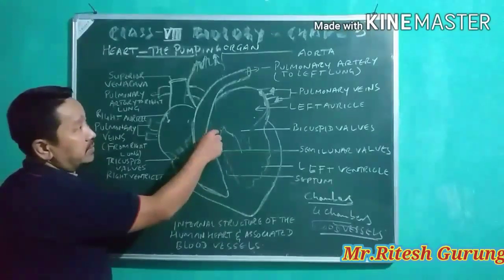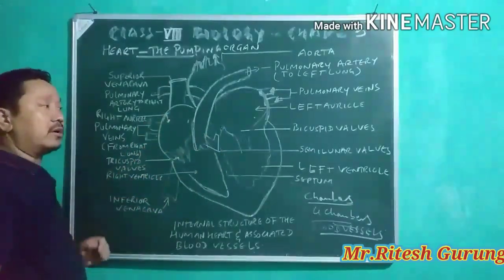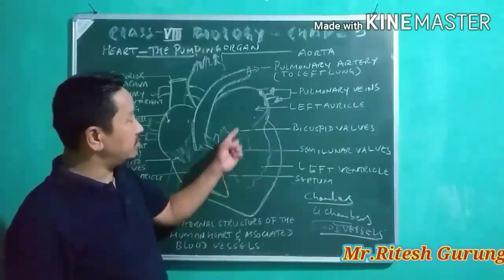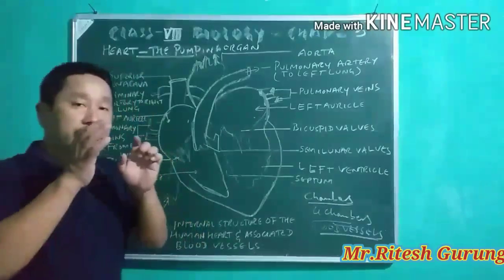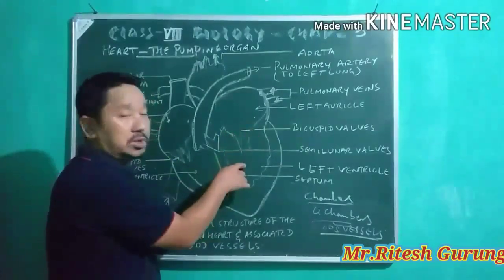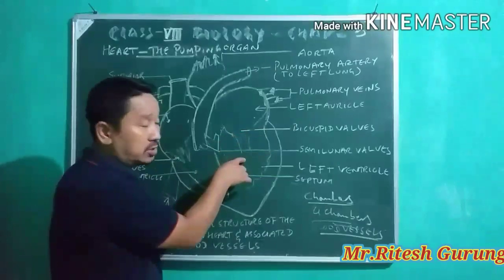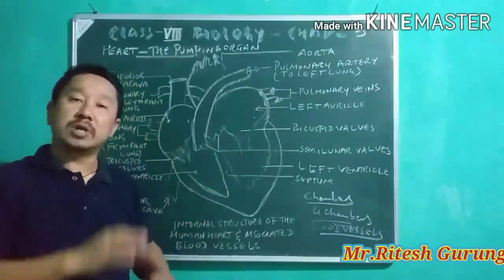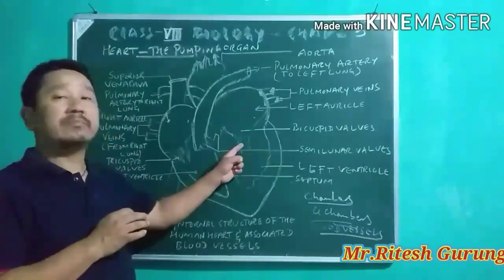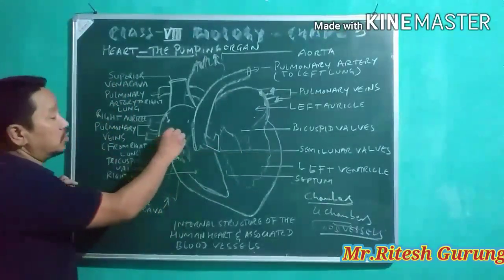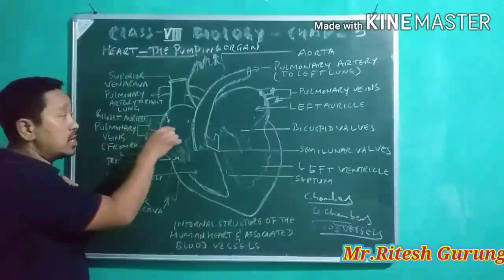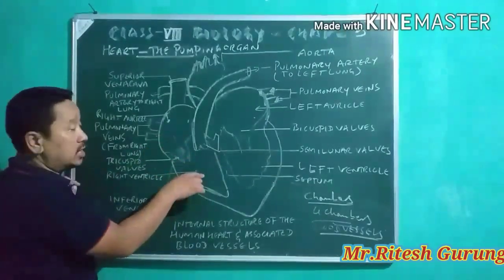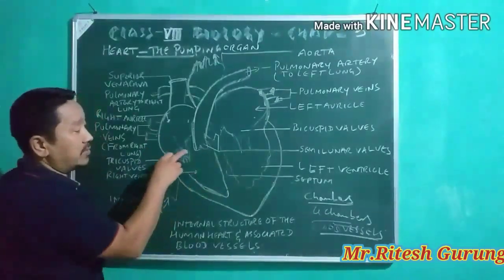All the valves present here between these two chambers and at the openings of these two arteries have their own functions. The valve between the chambers makes sure the blood flows downward. Once the blood flows from the auricle to the ventricle, it will not flow back to the auricle, because there is a valve.